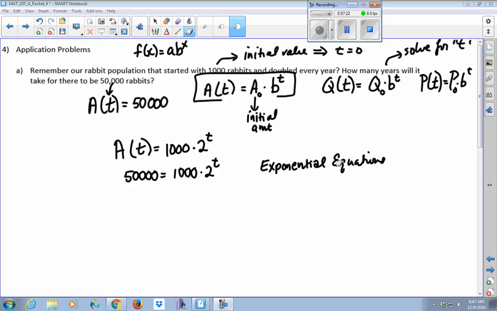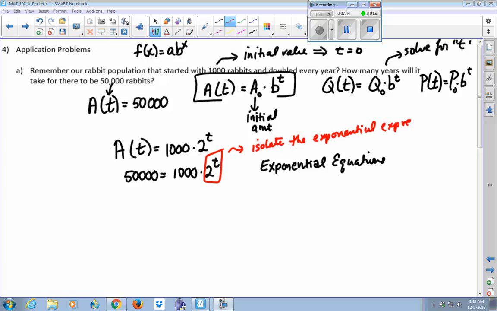When you have an exponential equation, you want to isolate your exponential expression. You want to get that all by itself on one side of the equation. That's what isolate means. In this case, that expression is 2 to the t.